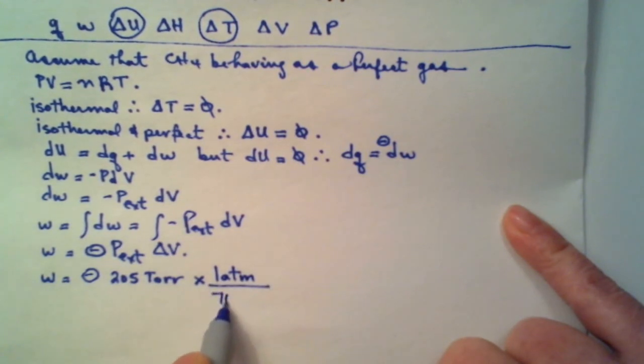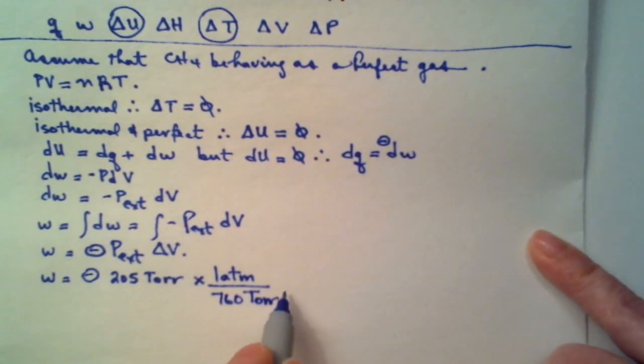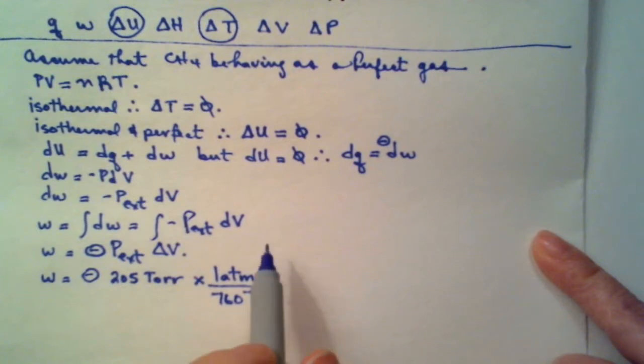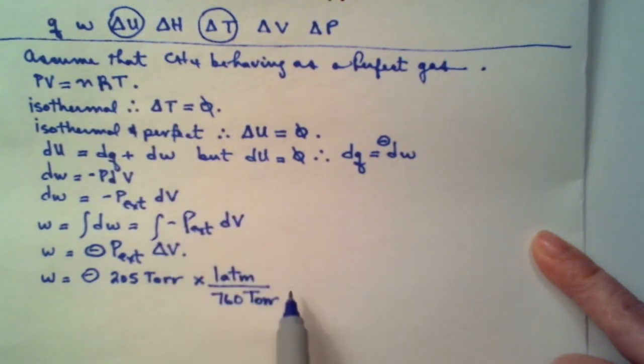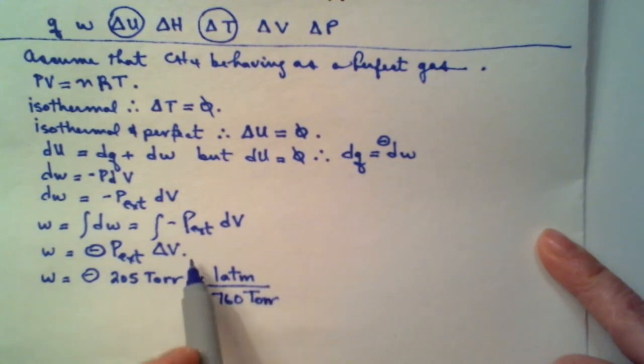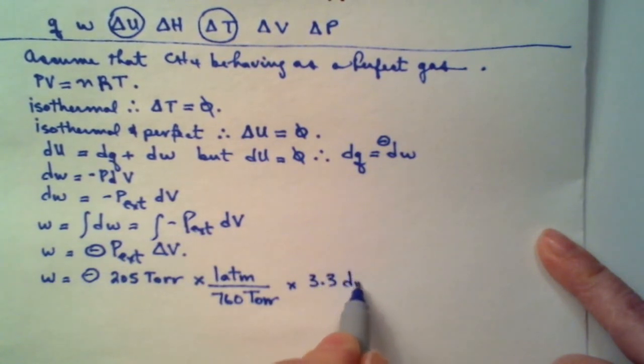1 atmosphere is 760 torr. So that'll get my pressure to atmospheres. And then I'm multiplying by a delta V. So I could determine V1, and V1 is given as 12.7, and I could determine that V2 is that plus 3.3, but really I'm just after the delta V. And so this is multiplied by delta V, which is 3.3 decimeter cubed.